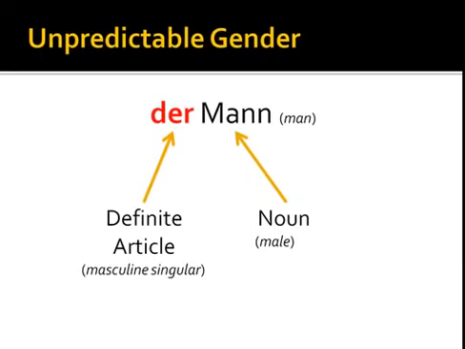We're talking about a man, and logically, the man is going to be male. And in this sense, German supports us in our assumption. The definite article is masculine singular, which indicates that the noun that follows it is going to be masculine singular. And indeed, it's a male that we're talking about, so that makes sense.